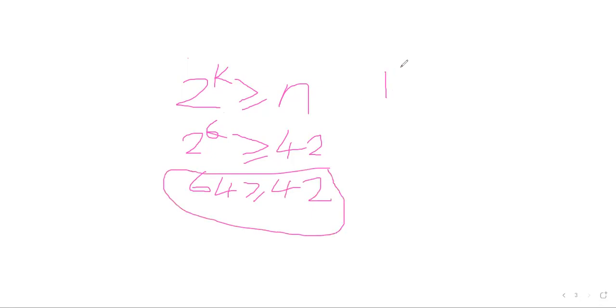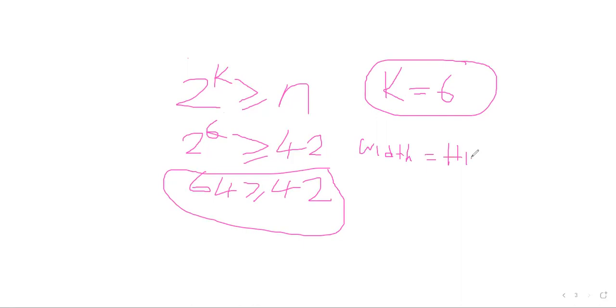After finding k as 6, which means the number of classes, we then had to find the width. The width is equal to the highest measure minus the lowest, divided by k.